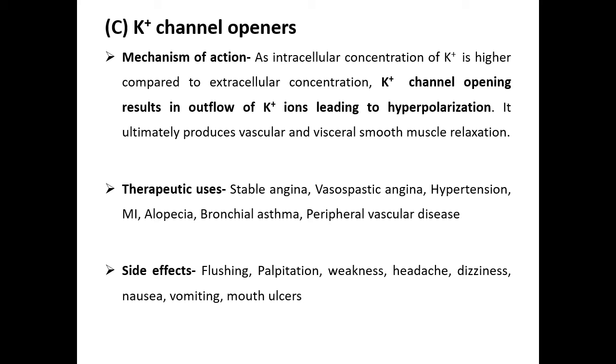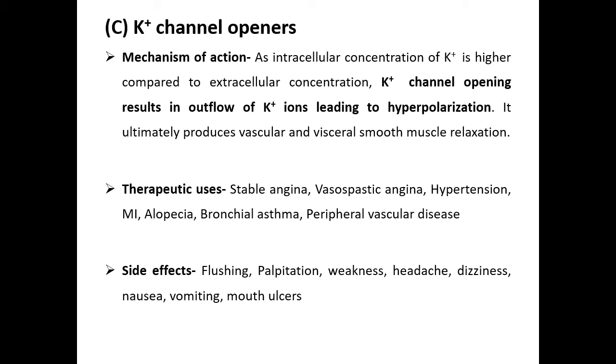In that way, hyperpolarization leads to the relaxation of vascular or visceral smooth muscles. So the smooth muscles of the coronary artery get relaxed, and that leads to an increase in oxygen or blood supply, restoring the balance between oxygen supply and demand, and reduces the ischemic condition.